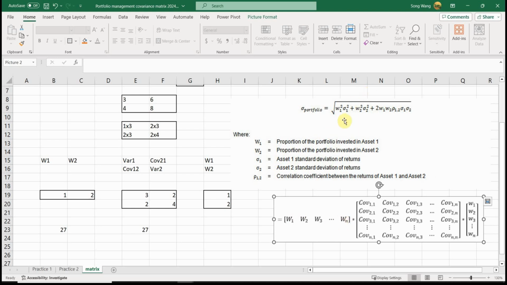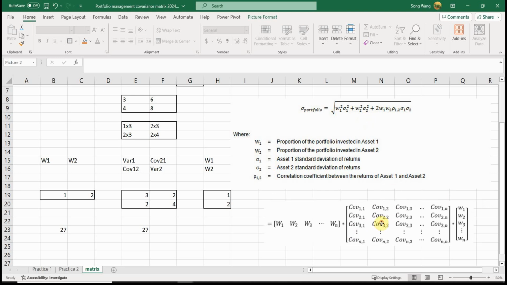And if that's the case, it's very hard for you to follow the same formula, because you're going to have 50 sigmas, and if you have 50 stocks, then you will have at least 1200 covariances. So you will have 1200 covariances paired together and 50 sigma items like this. So that's going to be too complicated for you to calculate, like this formula is showing you.